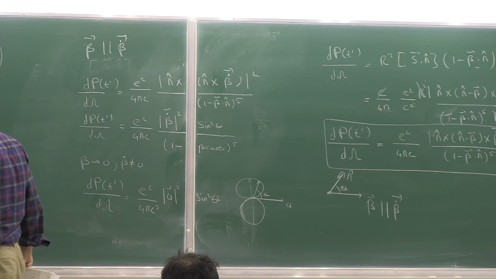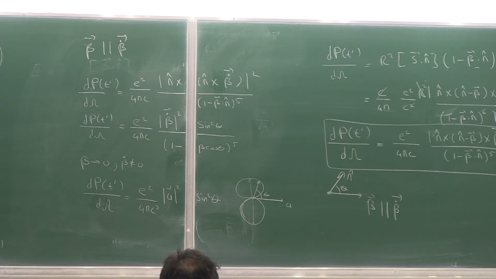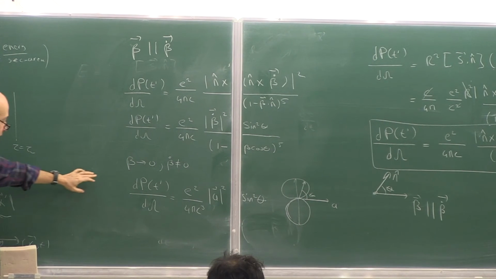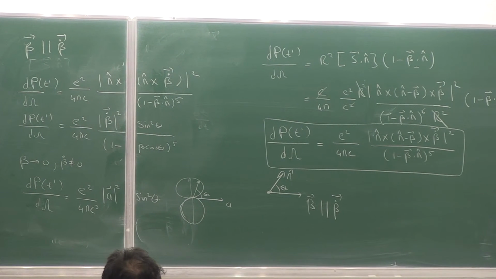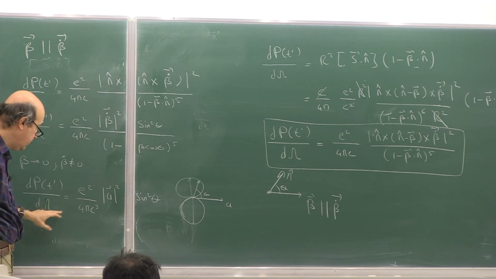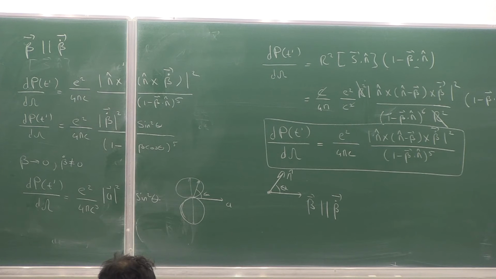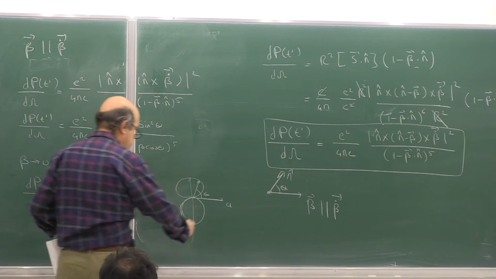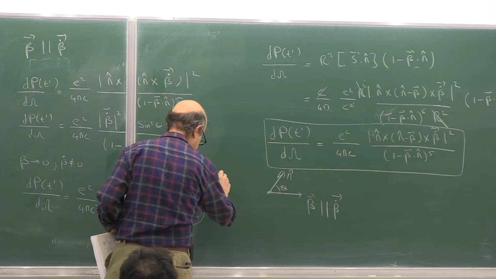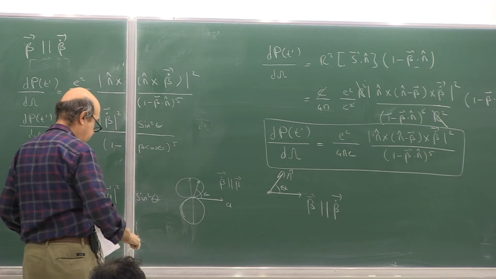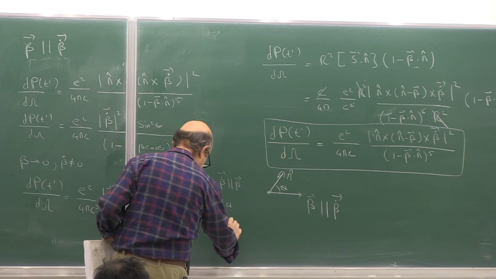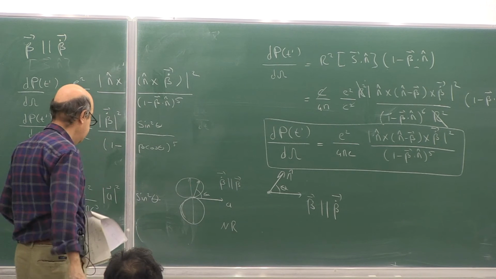When we derived the Larmor formula, we first obtained the power emitted per solid angle, then we integrated over the solid angle, and we found the Larmor formula, which is valid in the non-relativistic case, and this formula is exactly the same. So the bottom line: if the acceleration and the velocity are parallel to each other, and this is non-relativistic, we have dipole radiation.